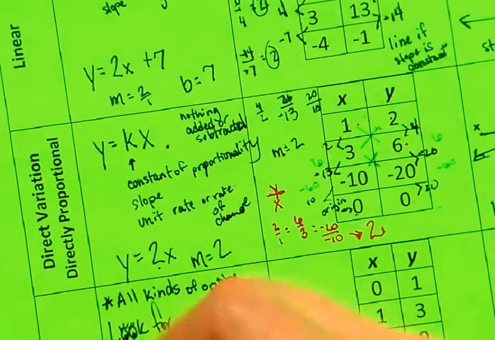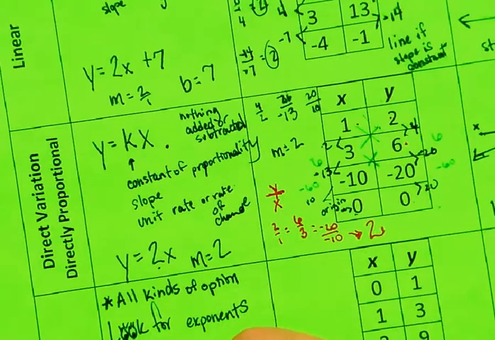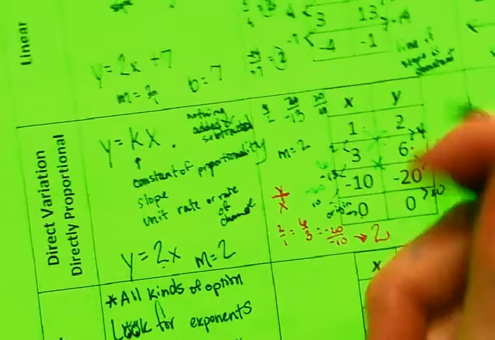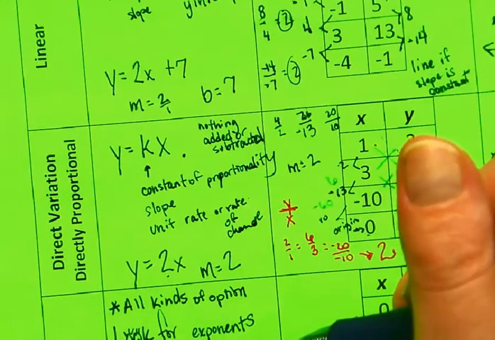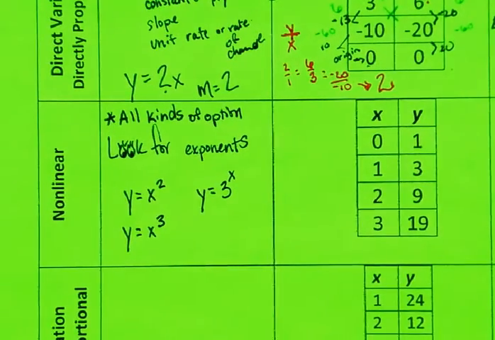Okay? So if you have y equals x to the second involved in there, or y equals x to the third, or you could even have x as an exponent. If you have something like that, that's going to be a nonlinear relationship.